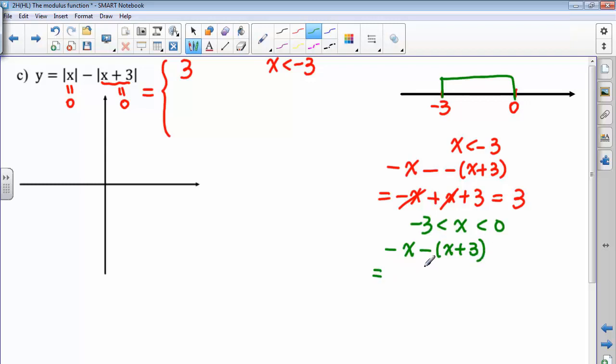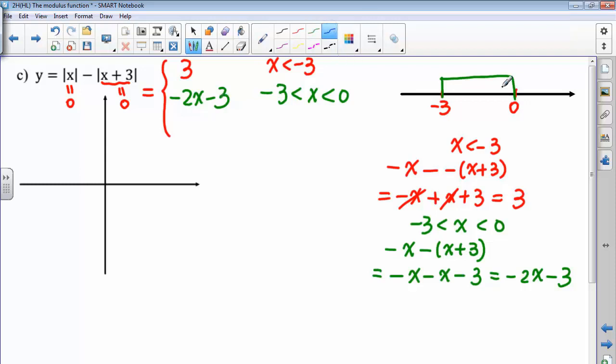Then let's expand the brackets and simplify it. So it's -x minus x minus 3. It's -2x minus 3. So the second piece is when x is between -3 and 0, the function is -2x minus 3.